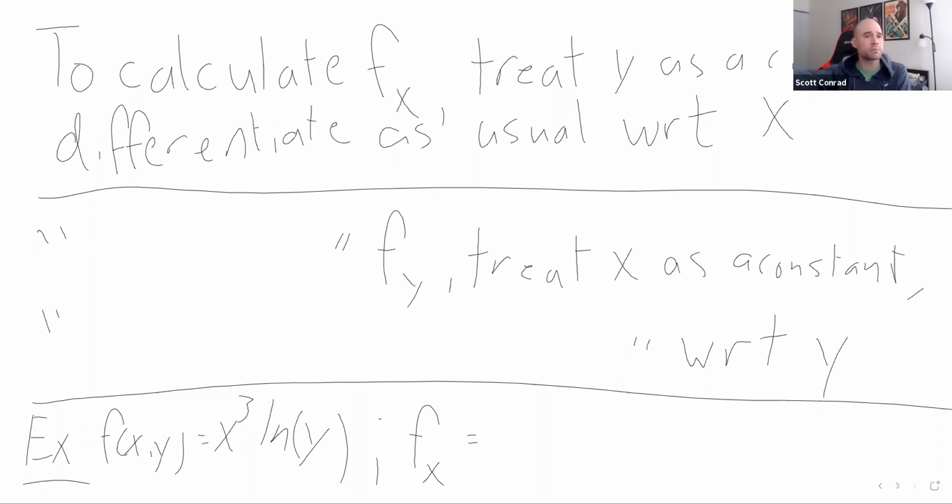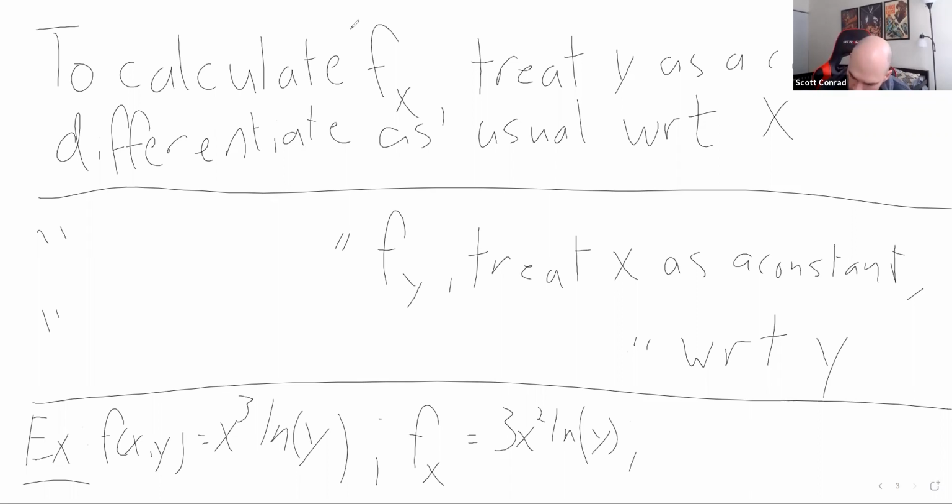So it's x cubed times some constant. And then I'm just going to differentiate with respect to x. So what happens to x cubed natural log y? If I'm thinking y is a constant, just differentiate as usual with respect to x. What do I get? Right, so it's a constant times x cubed when you take the derivative. You just get the constant times 3x squared. So we get 3x squared natural log y. Because natural log y we're treating as a constant here.